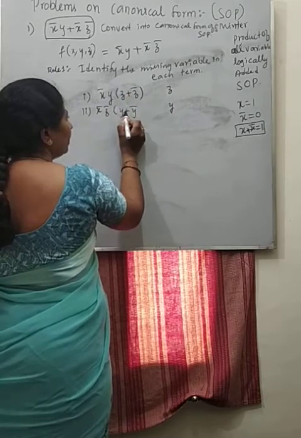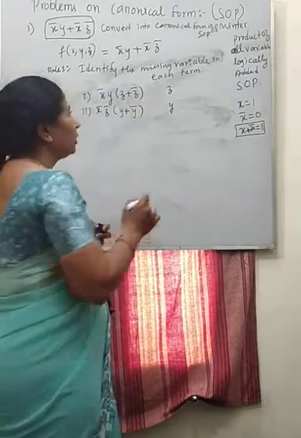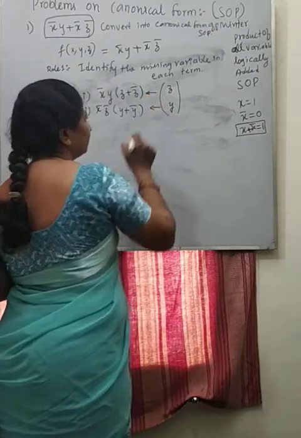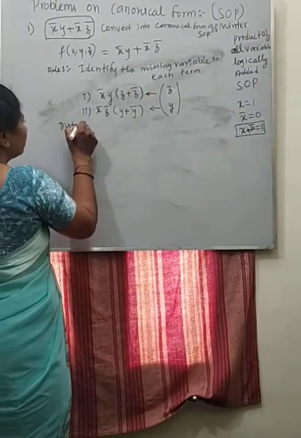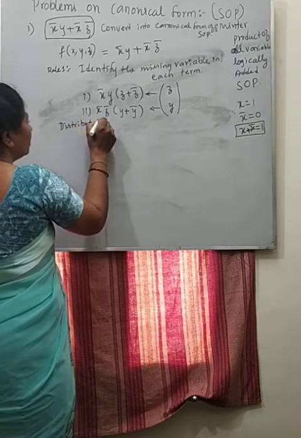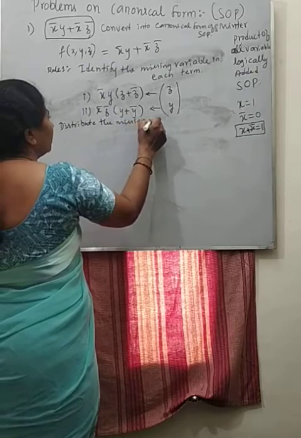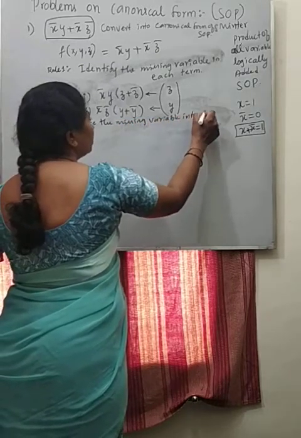In SOP the connecting term should be a plus. So these 2 are the missing terms we have included here. After that, distribute the missing variable into the terms.